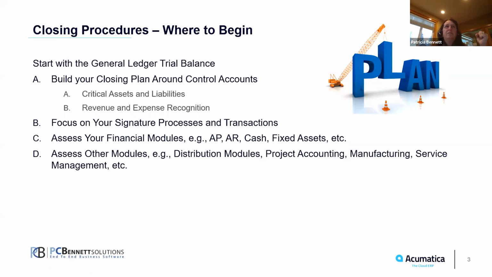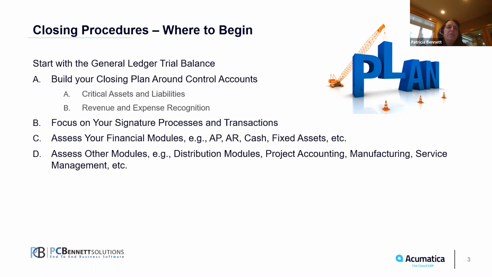So for example, if you have bank loans, go look at the bank loan on the bank website, make sure the balance that you have on your trial balance matches that. So very basic concepts. If you have assets and depreciation, we'll go through the fixed asset module, but these are the things that you can very easily check off and say, yep, those balances are correct.